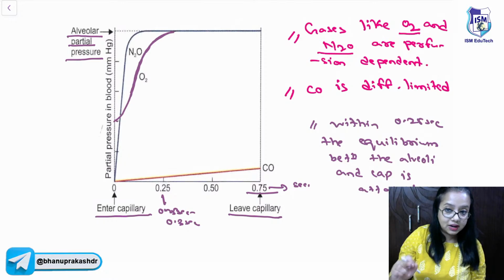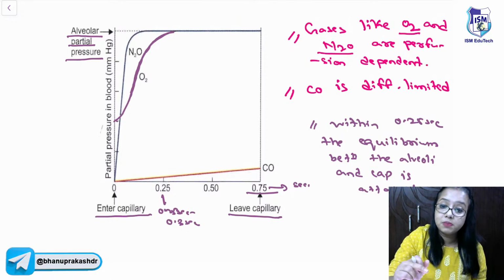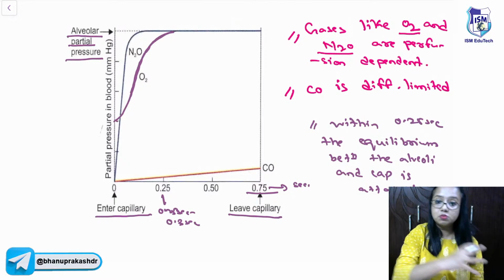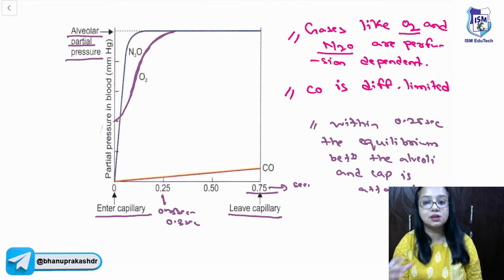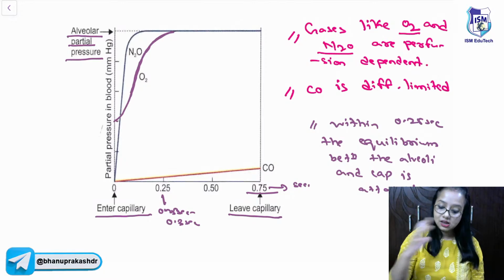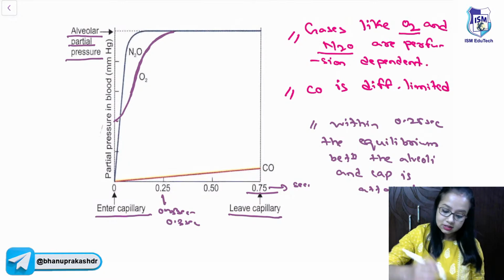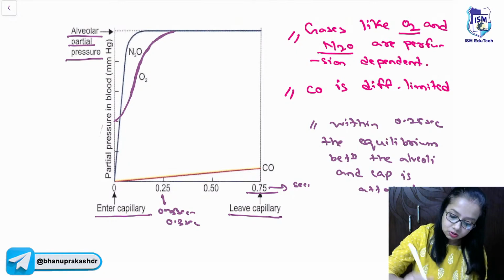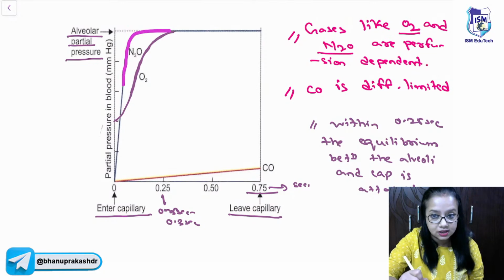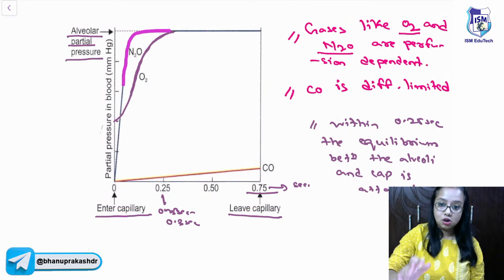If the blood flow increases, if the perfusion increases, then more blood means more oxygen coming to the lungs, more oxygen coming to the alveoli. So, the capillary will be carrying more oxygen. This is what it means. Same with nitrous oxide, if you look at the graph, it is attaining equilibrium in less than 0.2 second. These two are perfusion limited gases in normal condition.